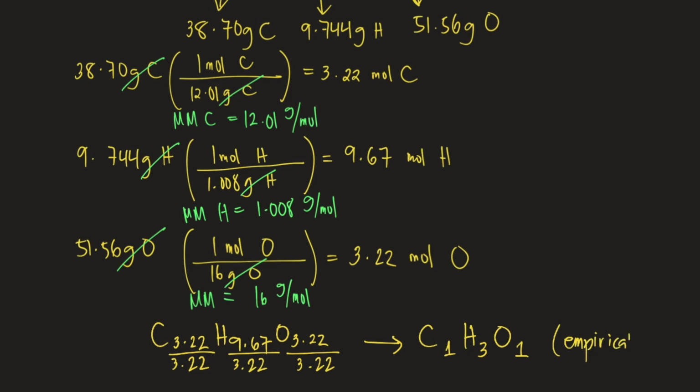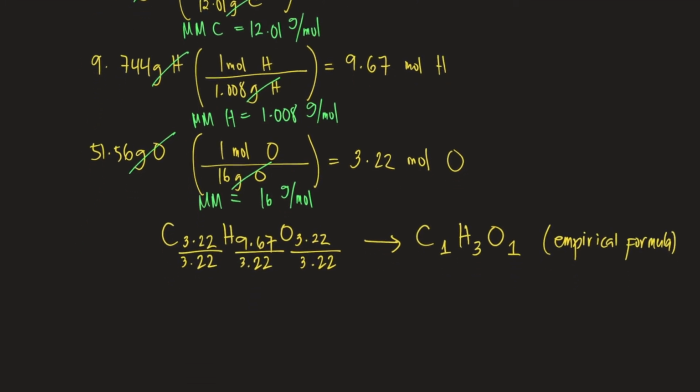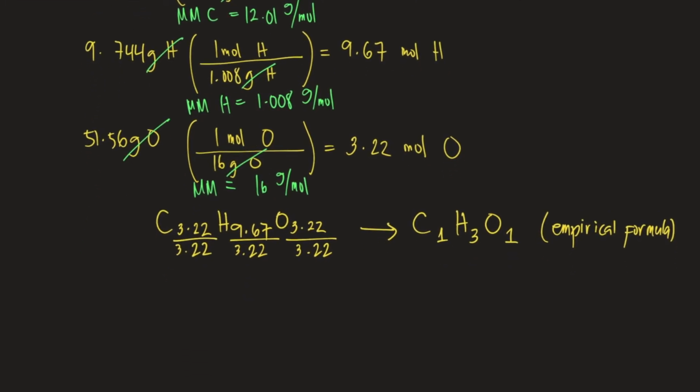This is not yet the answer to the question because the question is asking for the molecular formula. So how do we determine the molecular formula? We need to find first the ratio between the molar mass and the empirical mass.